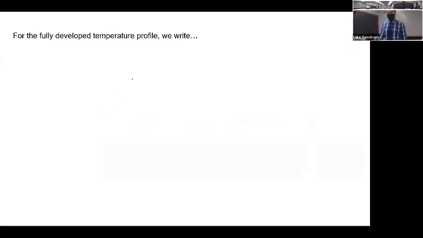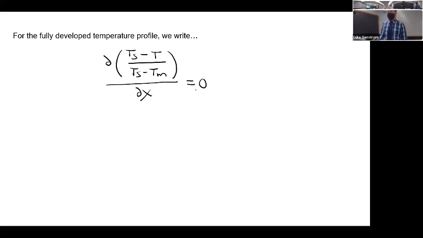If we wanted to write this mathematically, instead of du/dx equals 0 for the hydrodynamic case, for the thermal case, and this is where you probably want to write this down in your notes, we'll have the partial derivative of a dimensionless temperature, built from those three temperatures we were thinking about, and we're going to say that becomes 0 for fully developed conditions.